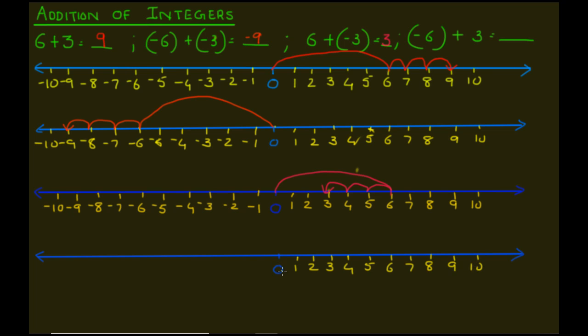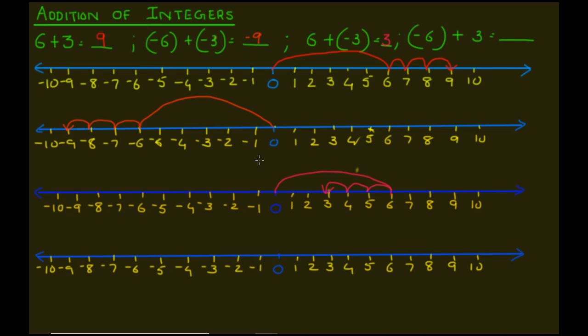I repeat, 0 is neither positive nor negative, and on the right hand of 0 you have the positive integers, and on the left side, yes, you're right, negative integers. So you have negative 2, negative 6, negative 7, negative 8, negative 9, negative 10.